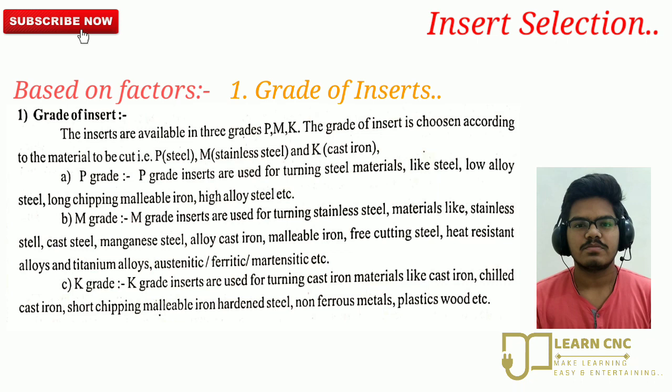P is used mainly for steel, and also low alloy steel, low chipping malleable iron, etc. M is used for stainless steel, manganese steel, alloy cast iron, etc. And K grade is used for cast iron.